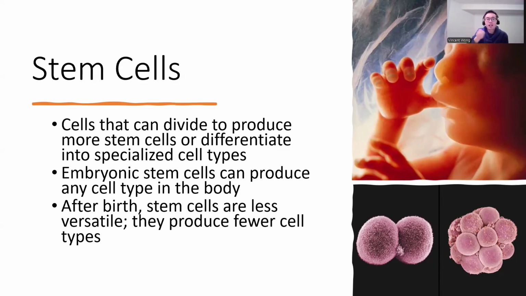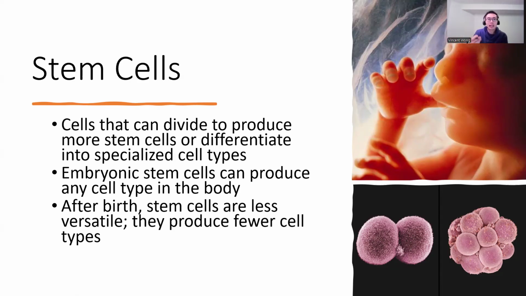So this process of becoming a particular cell type in the body is called differentiation. Okay, differentiation. And when a cell differentiates, they become specialized. And differentiation often is a one-way transformation. Once they become a brain cell, they stay as a brain cell. They cannot go back and then choose to become a heart cell later on.